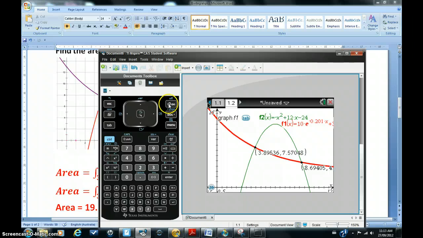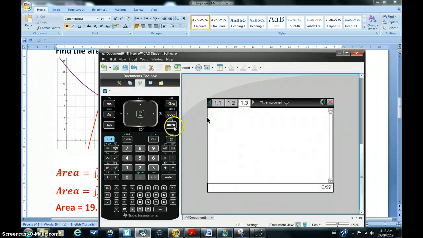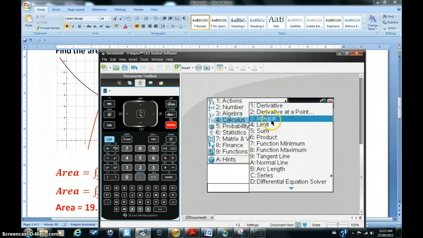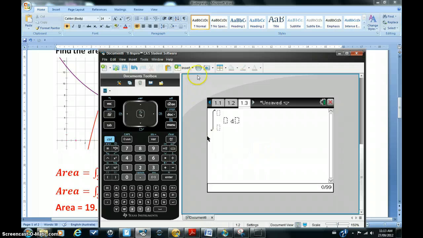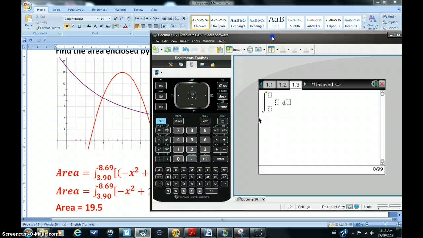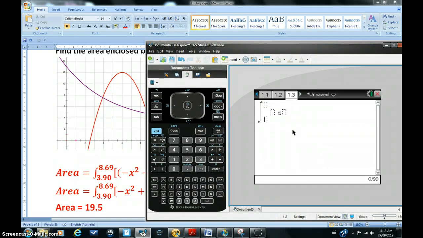I'm going to go back to the calculator page, hit menu, I'm going to go for calculus and integral, and there it is. We just basically copy our integral in now, so you can see it's going to be the limits 3.9 at the bottom, so I'll put that one in, and up arrow, put the upper limit in, 8.69.